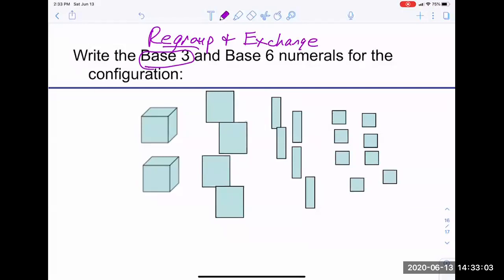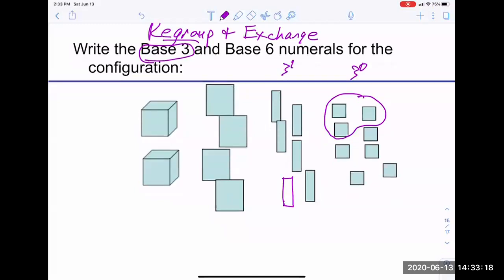So base 3, when I have 3 in the units, it becomes one of these in the 3 to the first slot. See, this is 3 to the 0, 3 to the first, 3 squared, 3 cubed. Well, I can do another one, and that goes here. So what's left over in my 3 to the 0 slot is 2.